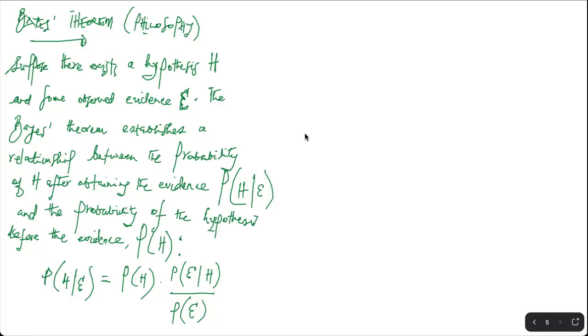Now, while I do that, let's just put this in perspective, right? Let's assume there is a situation, maybe there's a criminal case that's happened, and a hypothesis here would be like a suspicion, right? The crime agency, let's say the police, maybe based on eyewitnesses and other accounts from people within the neighborhood, there may be some suspicion.